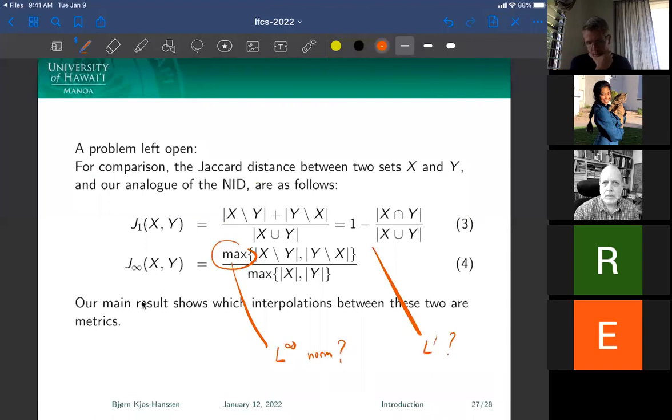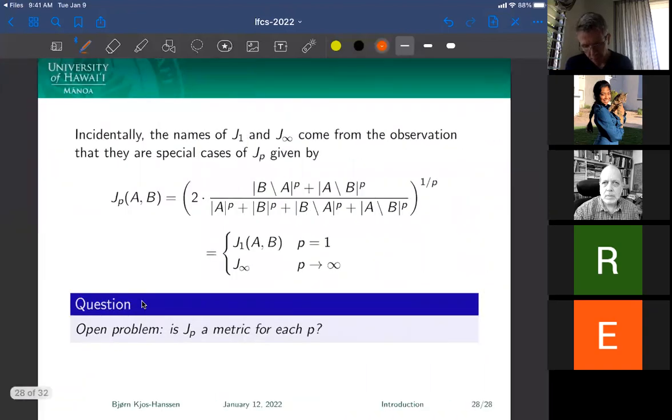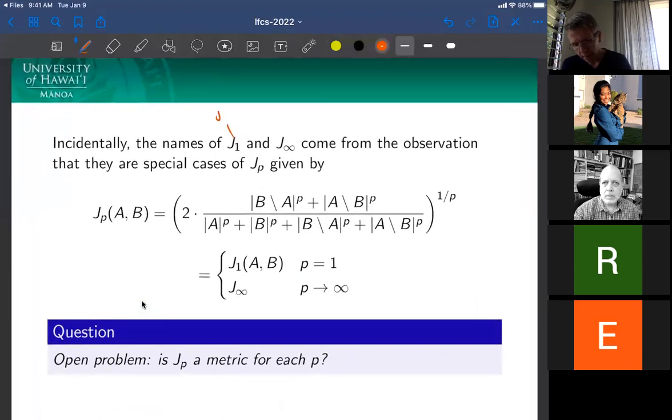And actually, yes, that is possible. It took me a while to see how one can do this, but we can do it like this. Remember, J1 is the Jaccard distance, and J infinity is this other one, the normalized information distance. But for any p, you can define this strange sort of algebraic expression here.